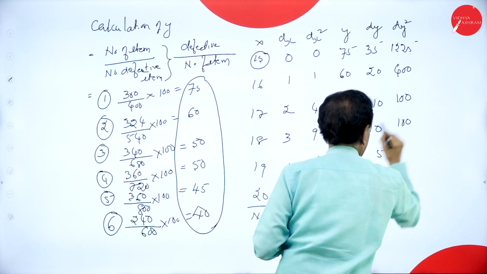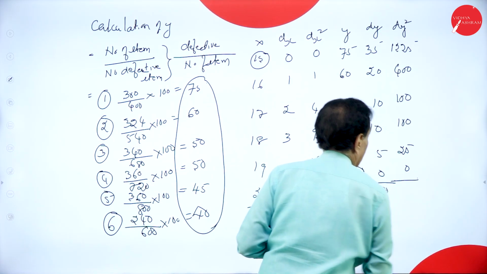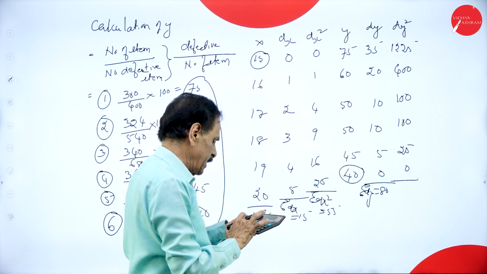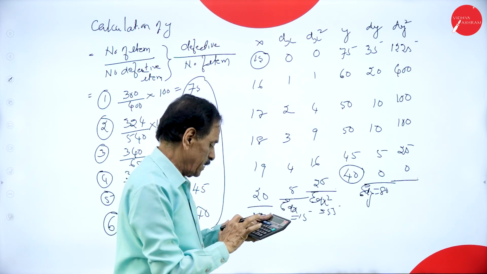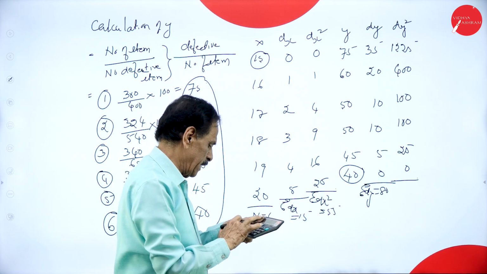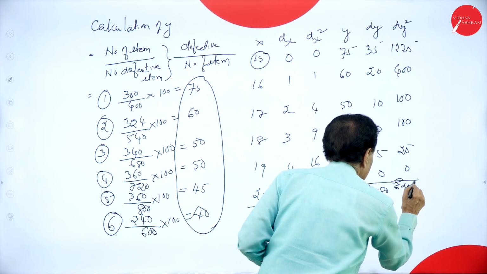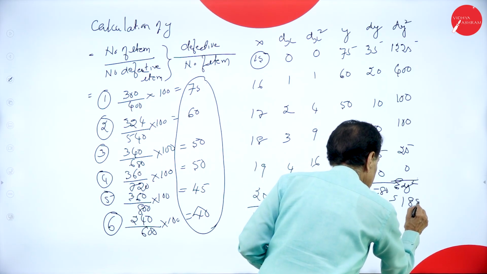This is 100. This is 25. This is 0. Add the figures: 1225 plus 400 plus 100 plus 100 plus 25 is 1850. Sigma dy square is 1850.